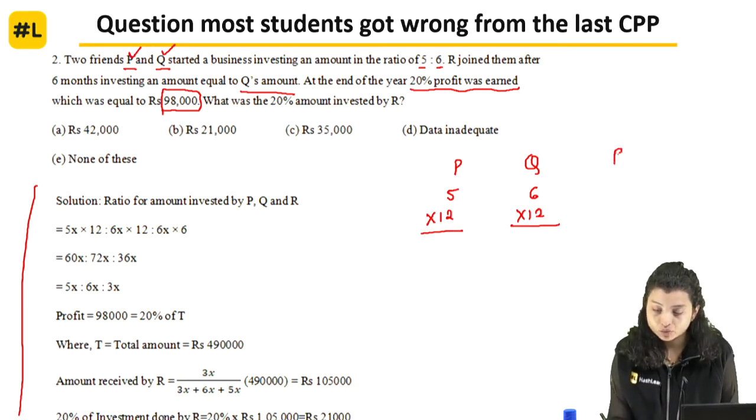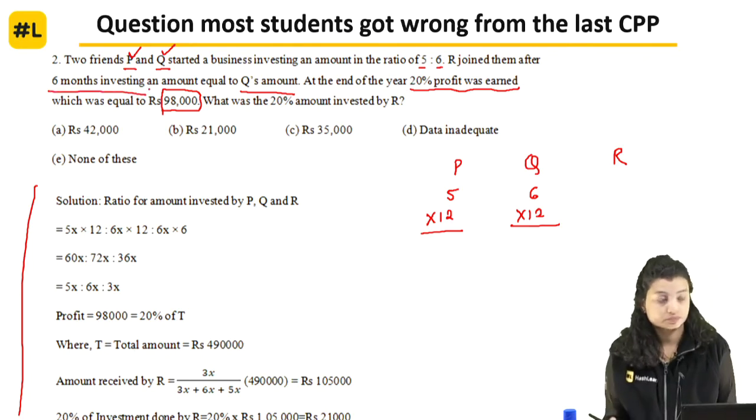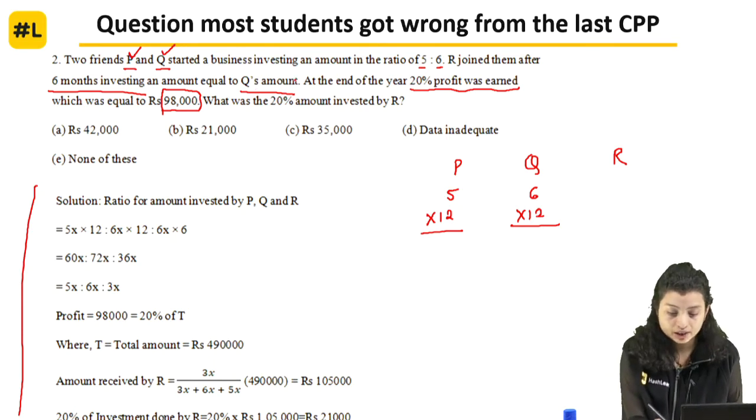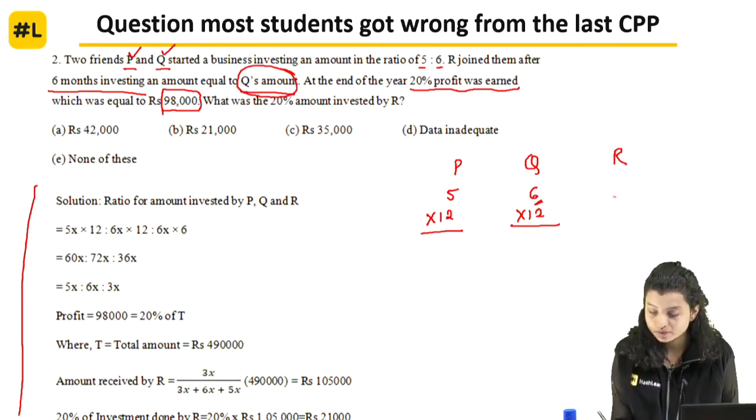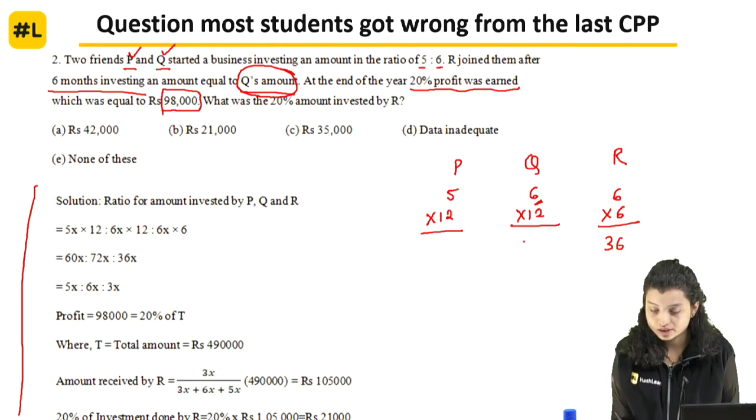But R joined the business 6 months later, and he is investing an amount equal to Q's investment. Q's investment is 6, so R is also investing 6, but only for 6 months. So you'll get 60 here, 72 here, and 36.